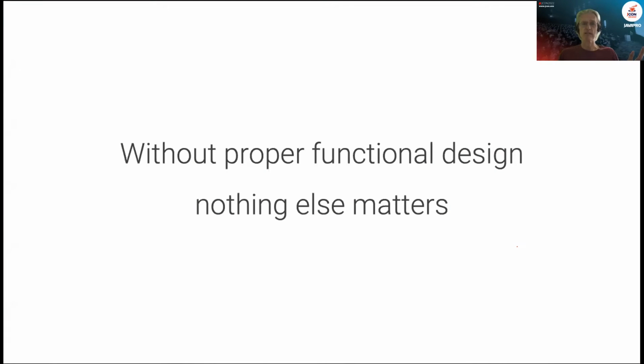Without proper functional design, all the other measures will not help. You can implement a million circuit breakers and back pressures and timeouts and whatever you want. If you screw up your functional design, it doesn't matter. So let's dive a little bit deeper into what I mean with that.